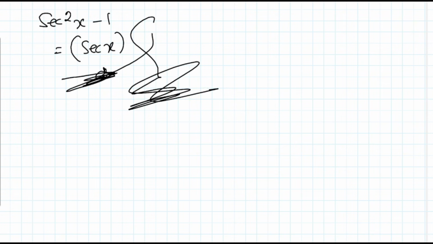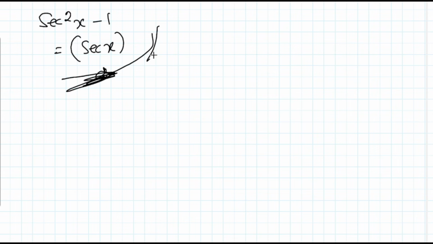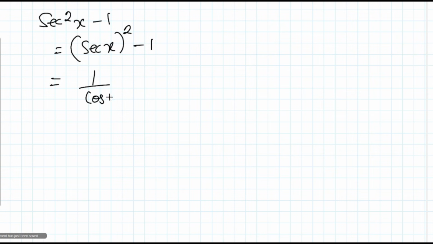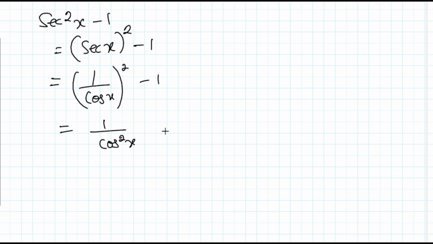If we write it in terms of cosine, this is 1 over cos x, squared, minus 1, which if we open we have 1 over cos square x minus 1.